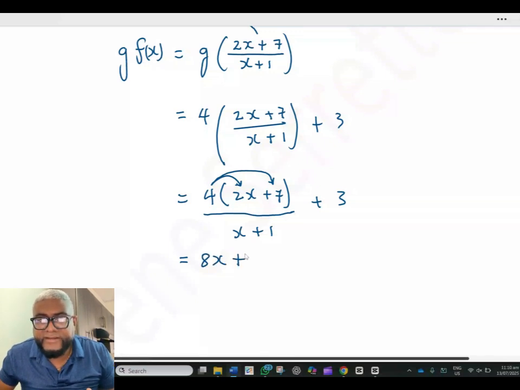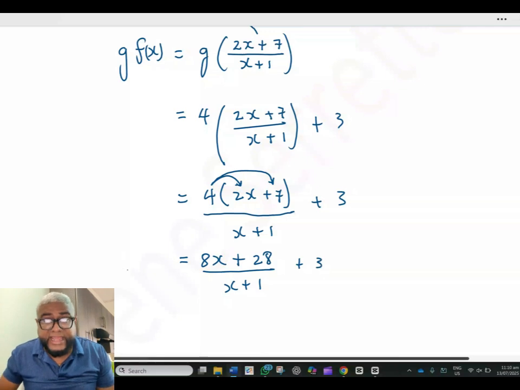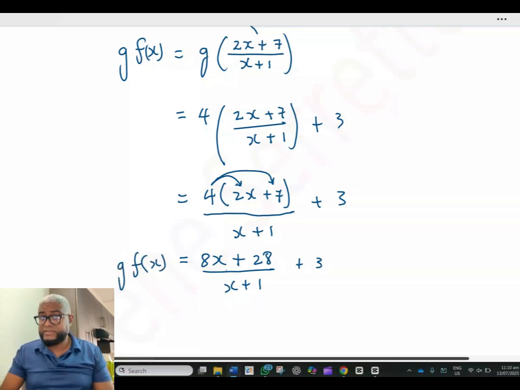And then 4 by 7 is what? 7 fours are 28, all over what? Plus 3. So this here is actually what gf of x is. We won't simplify this any further because it can't. This is it here.